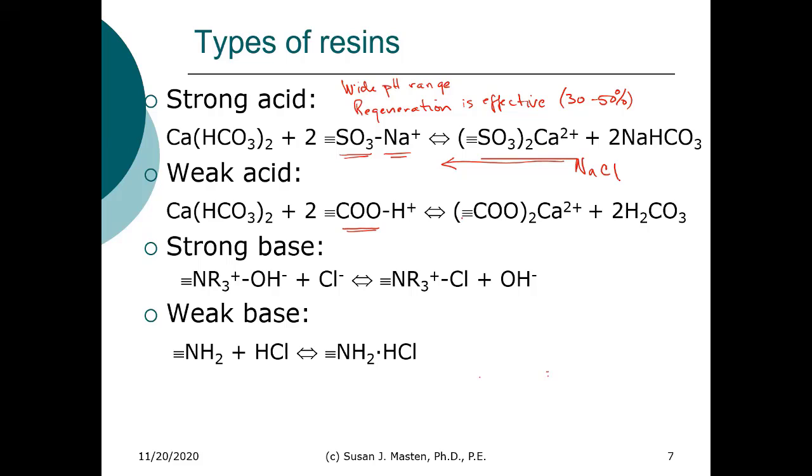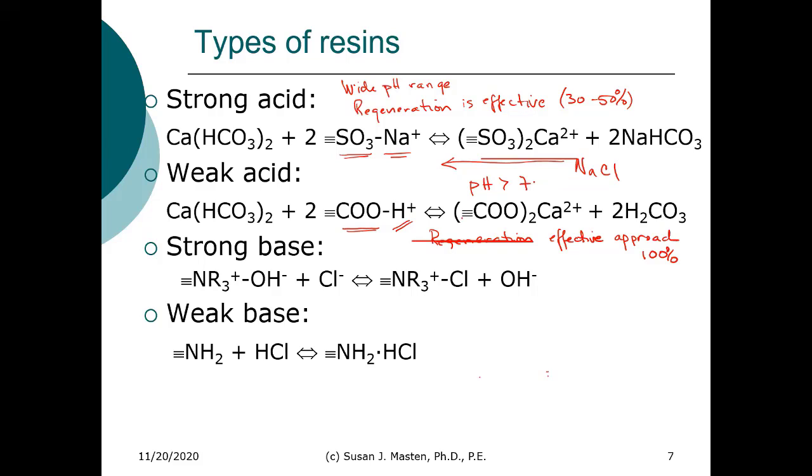With a weak acid, the way that this is shown here, this could also be in a sodium form, but it's shown in a hydrogen form. Here, regeneration is much more effective, and it can approach 100%. So we can get essentially complete regeneration. The problem here is that it is most effective only if the pH is greater than 7.